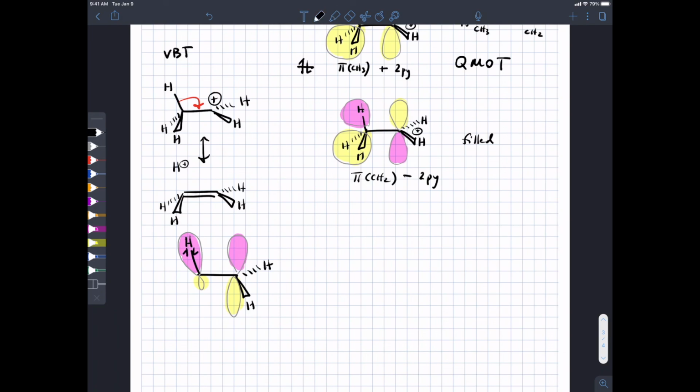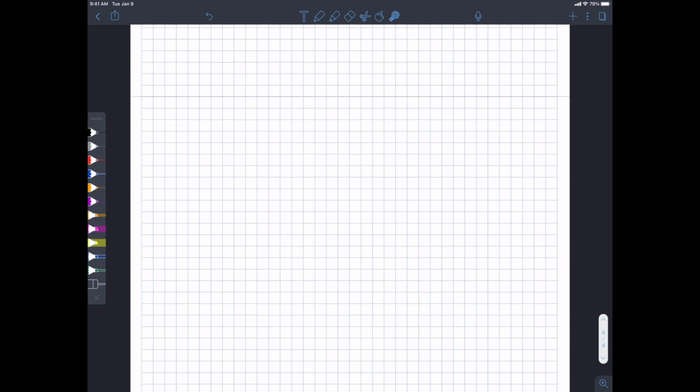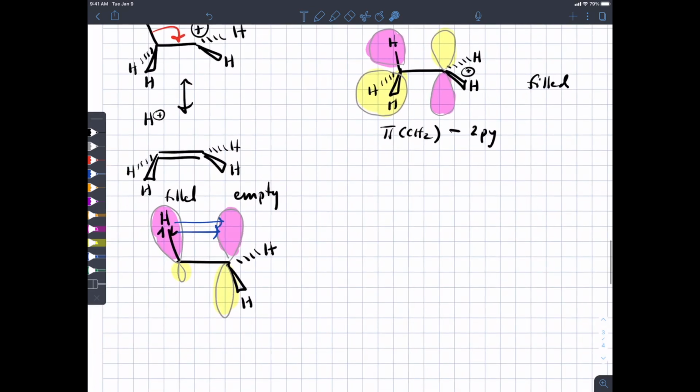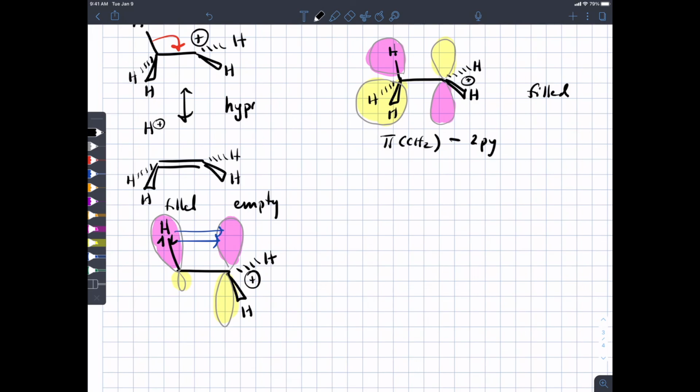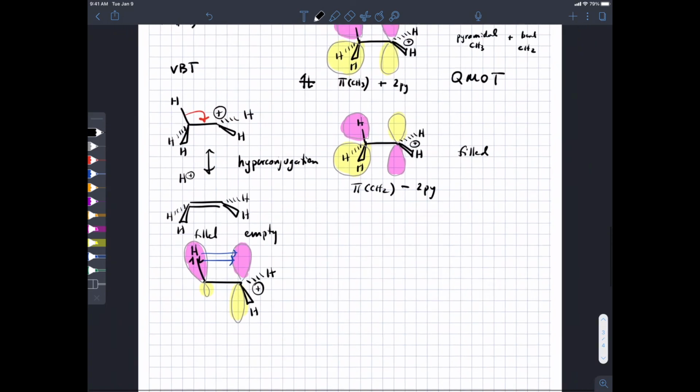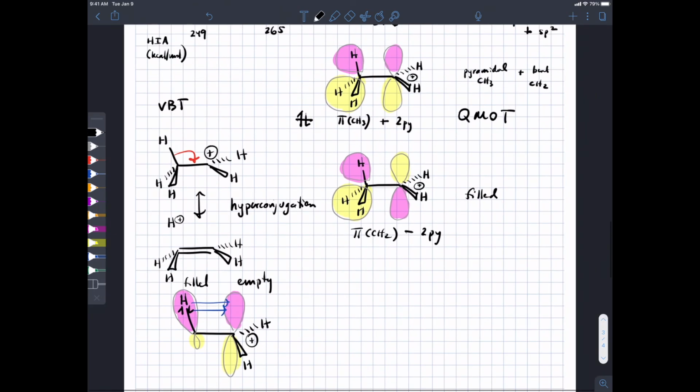And you have this filled orbital overlapping with an empty orbital and delocalizing its electron density into that empty orbital. That should make these electrons go down in energy, and it should also spread out the positive charge. So this concept is called hyperconjugation. Whether you want to think about it that way or the QMOT way is fine. You can see how they're roughly equivalent. Okay, questions about that and carbocation stability?